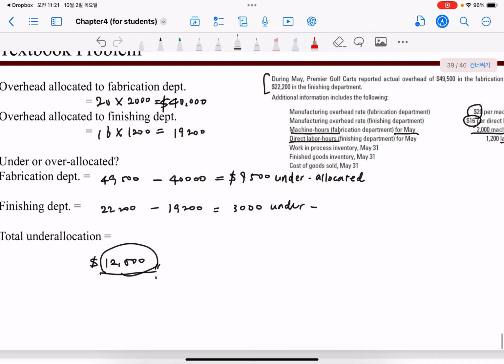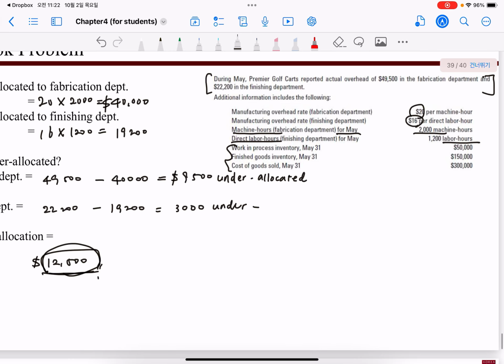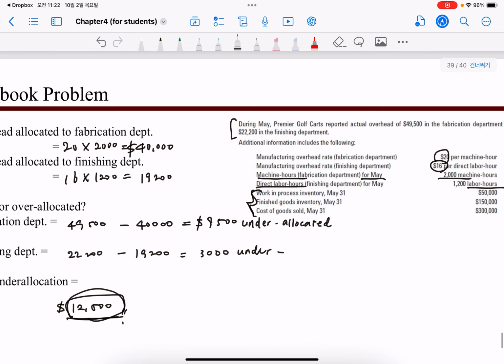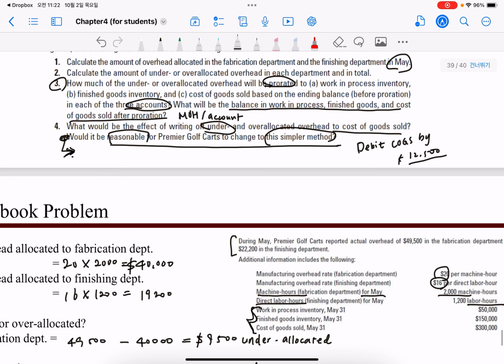If you think about the under allocation amount here, it's only about 12,500 compared to the total account balance of these three accounts. So we can say that the under allocation amount is minimal, therefore we can easily write it off to the COGS.